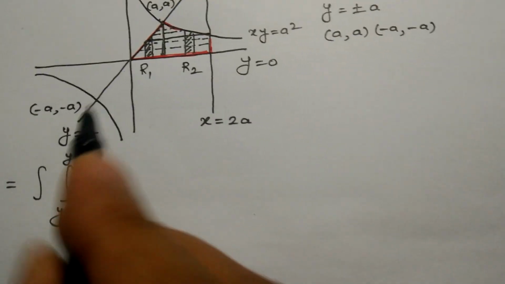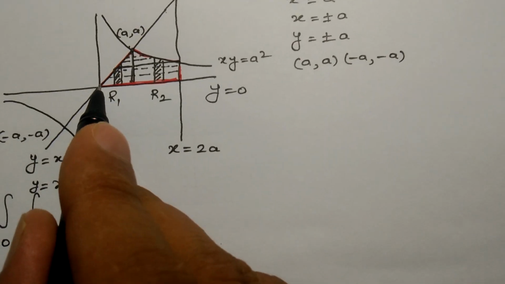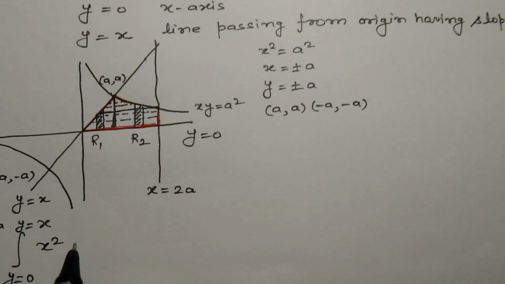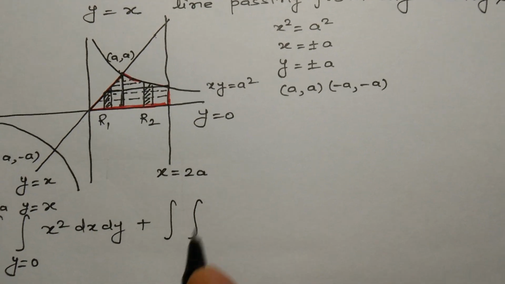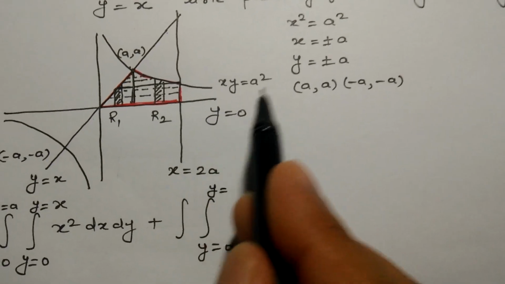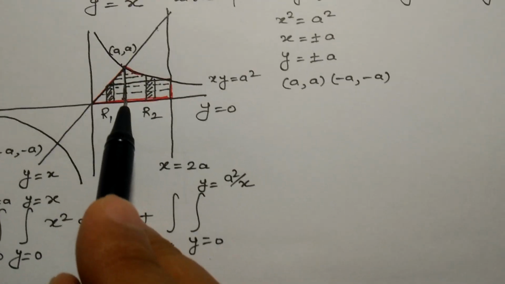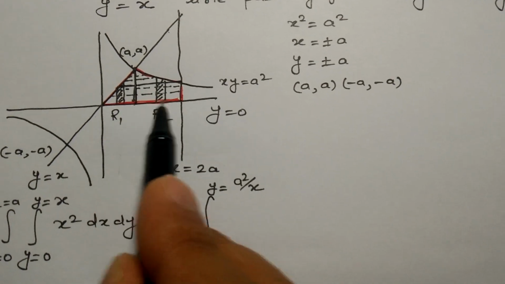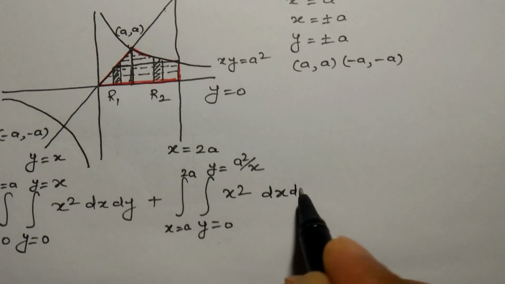The equation of the line is y is equal to x, so y goes up to x, and x moves from 0 to a, and the function is x square dx dy, plus, now for the region R2, my vertical strip starts from y is equal to 0 and goes to y is equal to a square by x on the rectangular hyperbola, and x goes from this point, x is a, to this point, which has x is 2a, so it goes from a to 2a, x square dx dy.